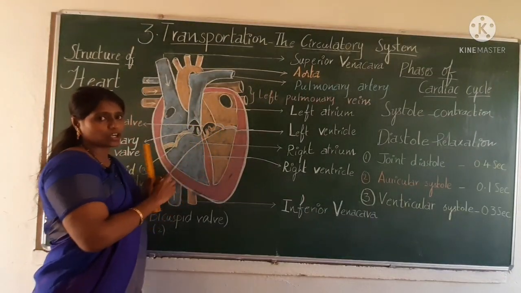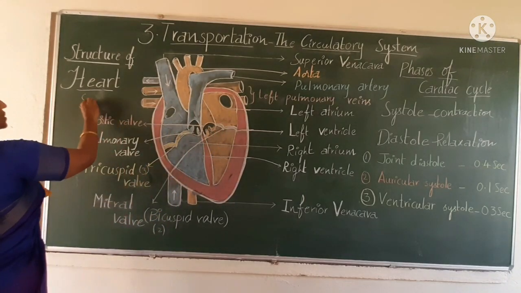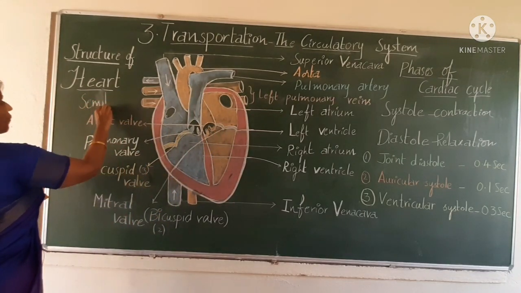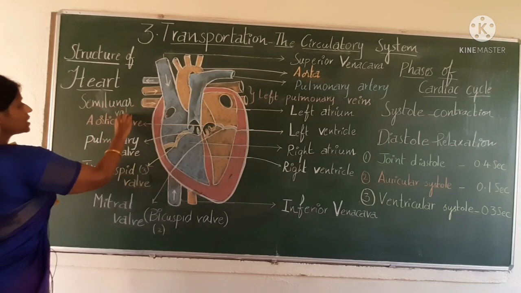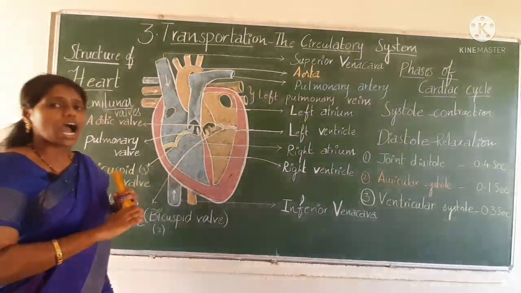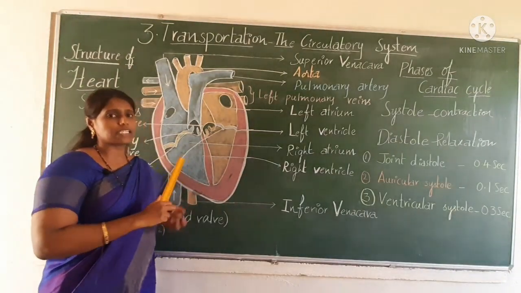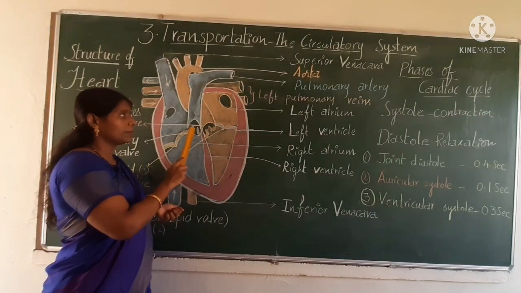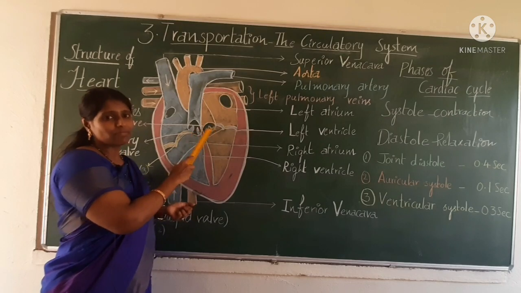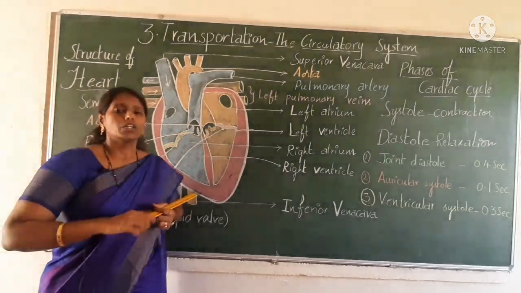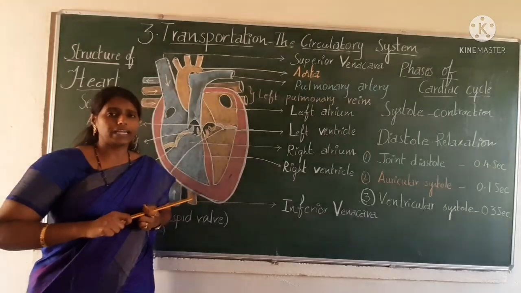Those valves are called semilunar valves. Semi means half, lunar means moon. So there are half-moon shaped valves present at the openings of the pulmonary artery and the systemic aorta. These valves close to prevent the backward flow of blood.